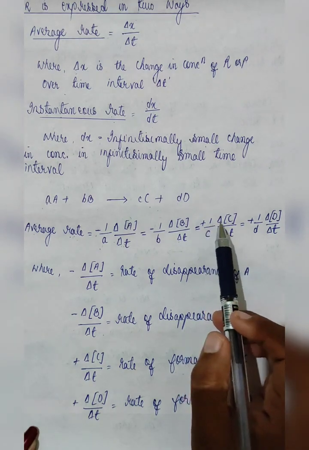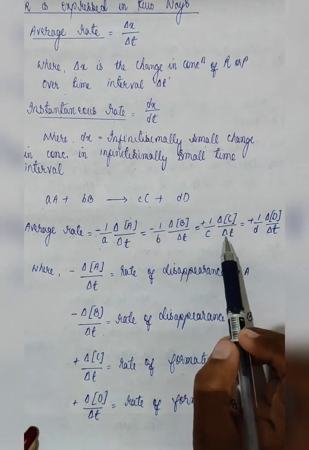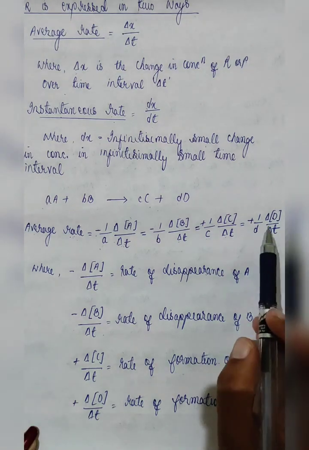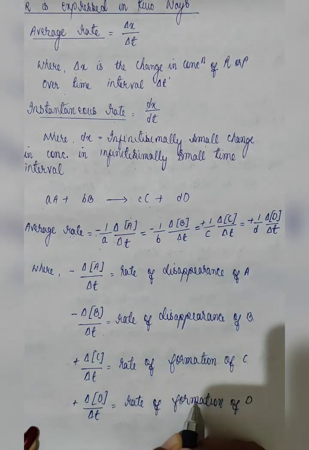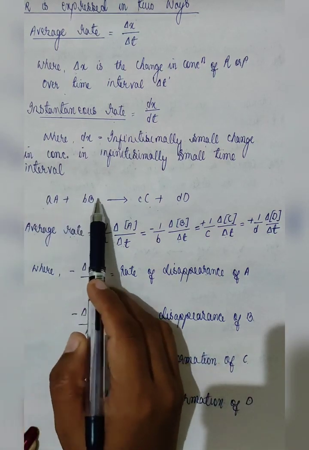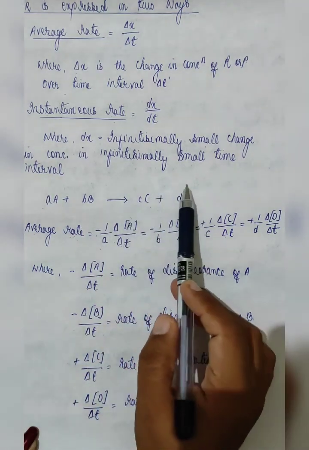So the change in concentration of the product C with respect to time is the rate of formation of C, and the change in concentration of D with respect to time is the rate of formation of D. Here disappearance or consumption is taking place, and here formation or appearance is taking place.